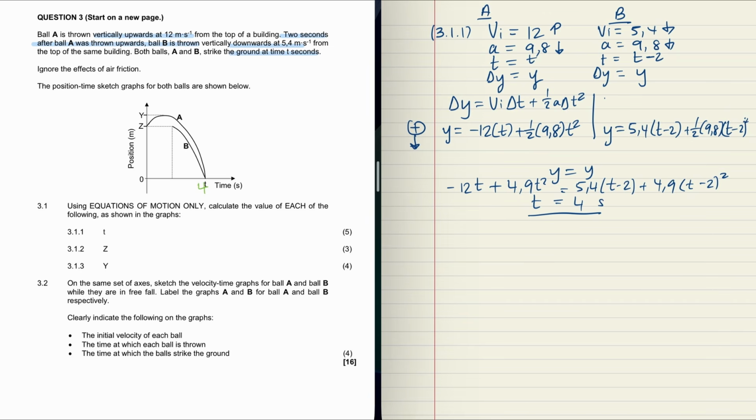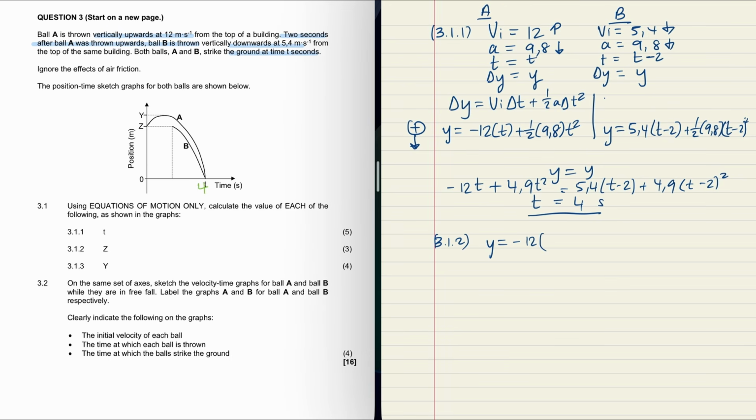Okay, 3.1.2, solve for z. So basically solve for the height from which A or B was thrown. So now it's just a matter of substituting this value back into either one of the equations. I'm going to substitute it into A, and I'll explain why in a minute. So for A, we know that y is equal to minus 12.